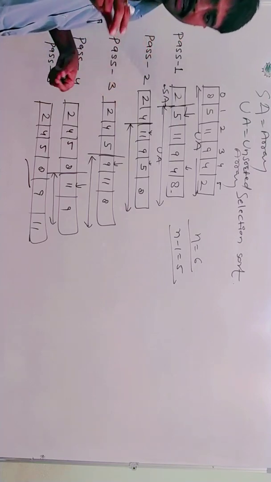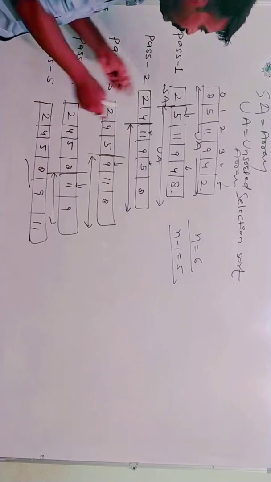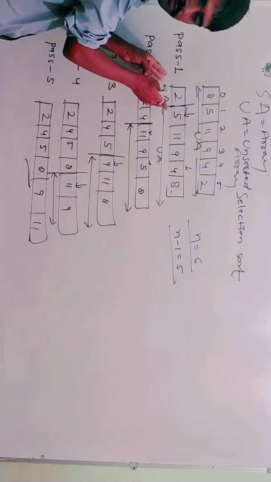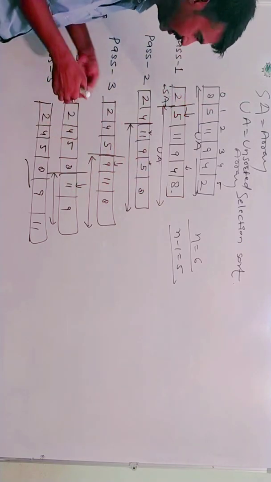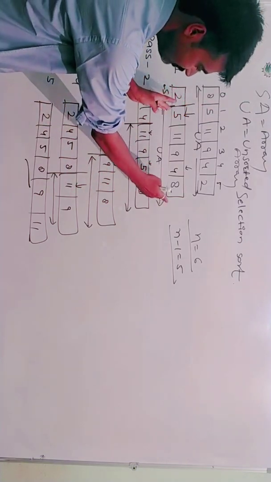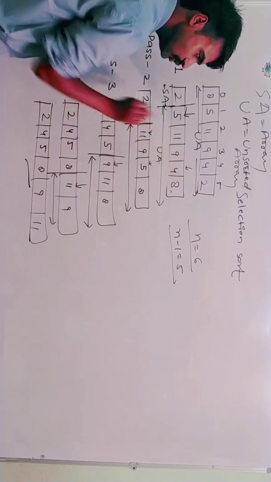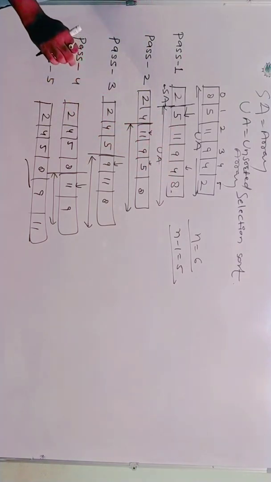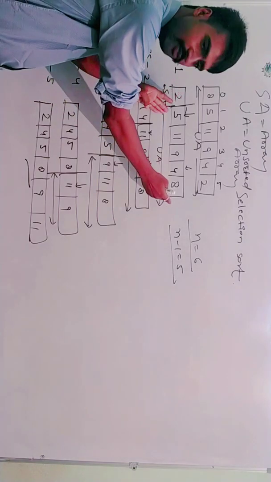Now, again we have to find the smallest element from the unsorted array every time, not from this sorted array. What is our unsorted array? Having 5 elements. So this is our unsorted array. Now we have to find the smallest element from this array.